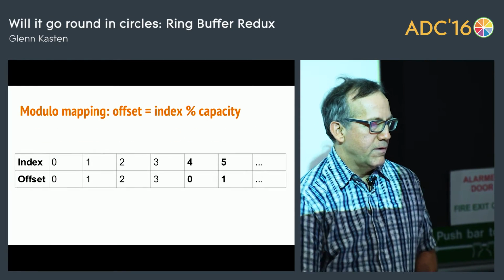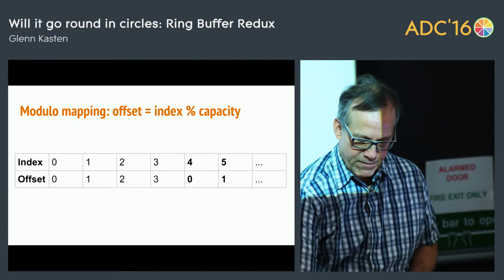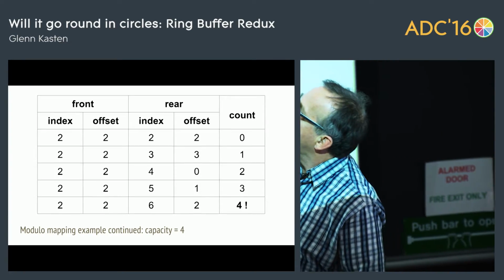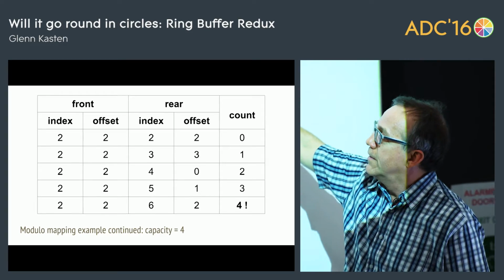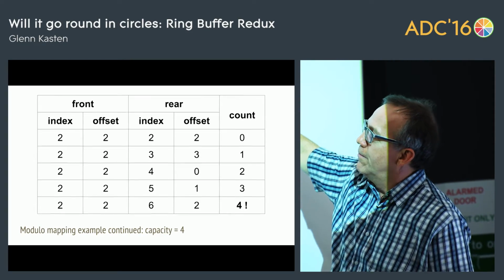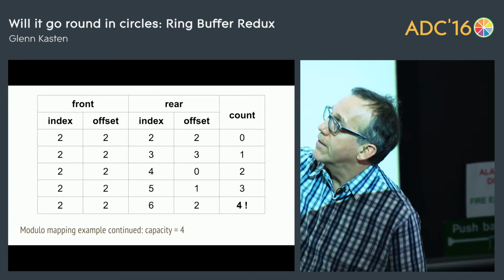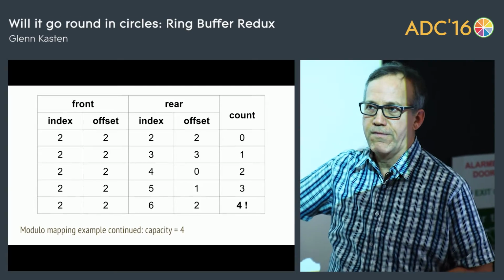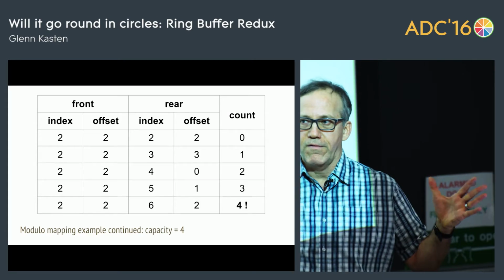And now, in the same case, when we get to the point where we have 3 elements in the queue and we're about to have what seems like an overflow, we can actually not overflow, because we can now distinguish the case of rear minus front equal to 4 versus rear minus front equal to 0. And so that allows us to use the full queue.